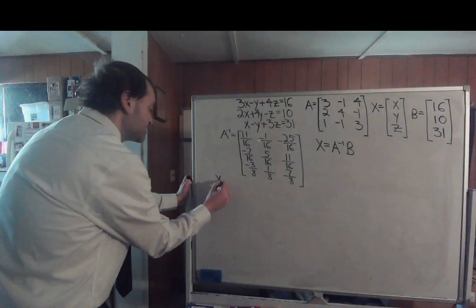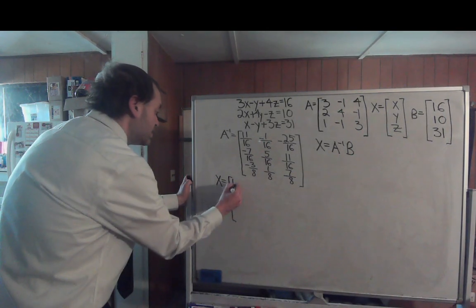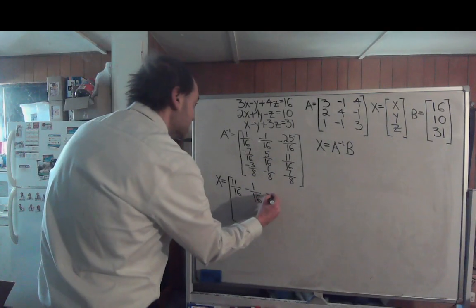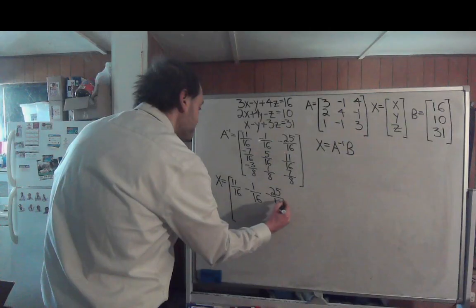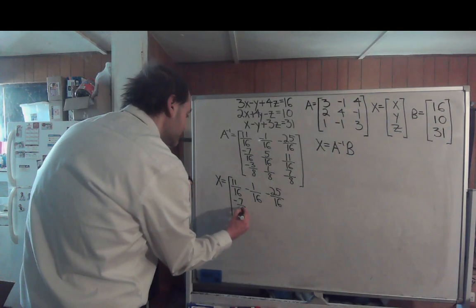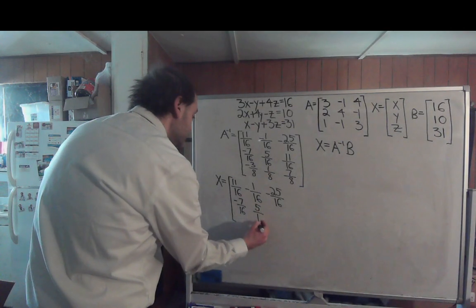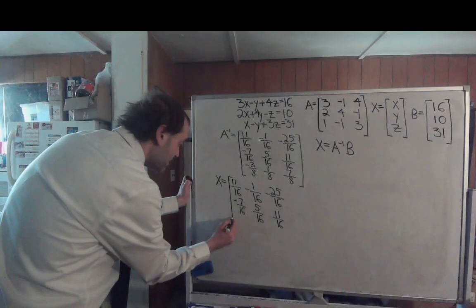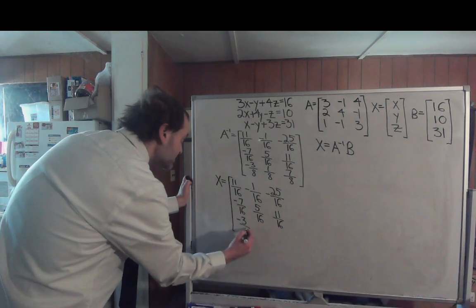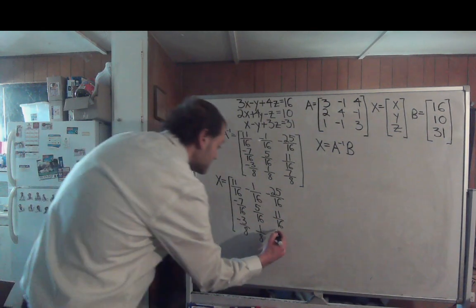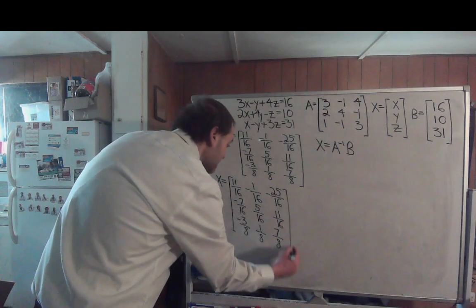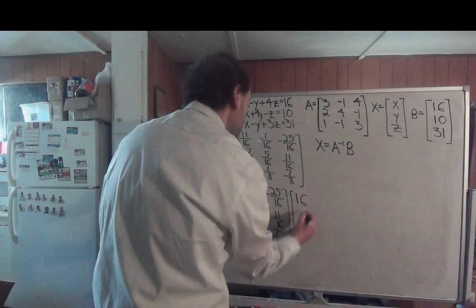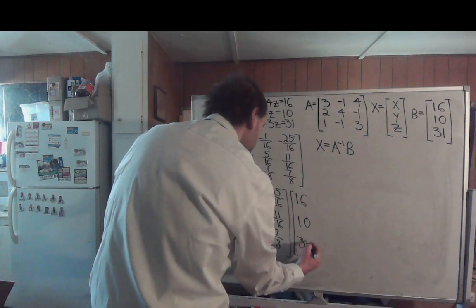So X is going to equal this whole matrix here, all that times matrix B, which is a 3 by 1, which would give you 16, 10, and 31.